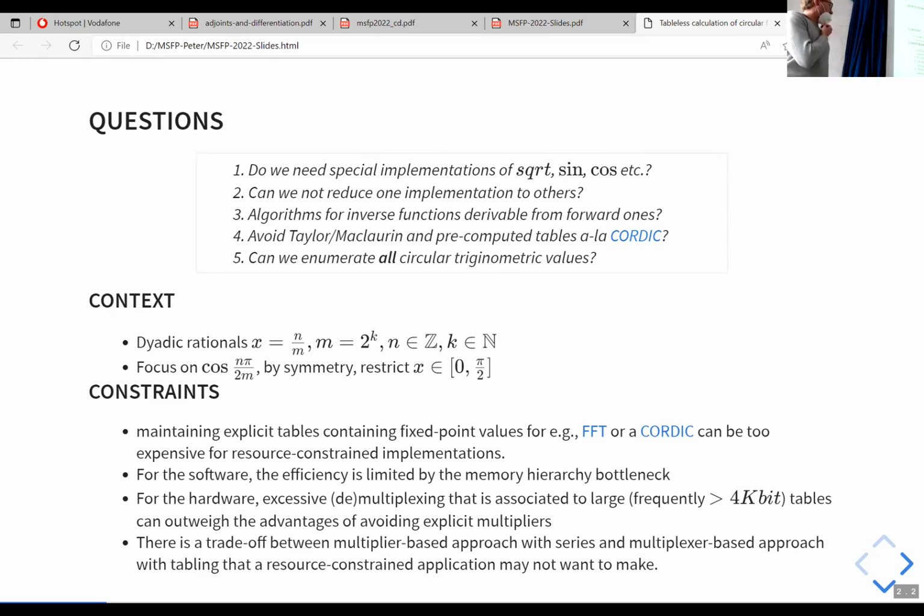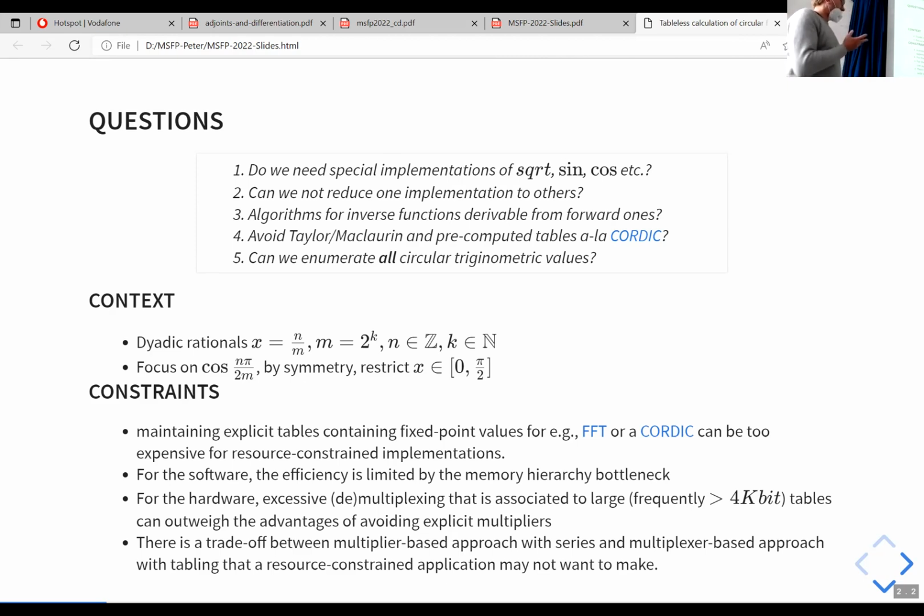So, why do I want to avoid these explicit tables containing these values for hardware implementation? Actually, not only for hardware implementations, but also for software implementations. These are very problematic because of the need to allocate bandwidth to actually access all these values in this table.